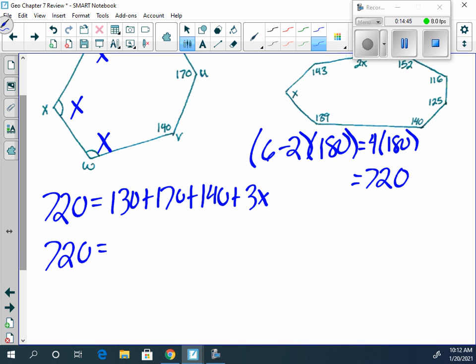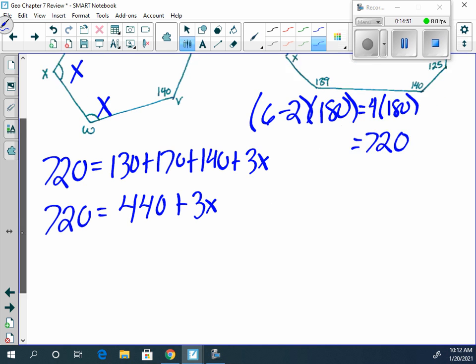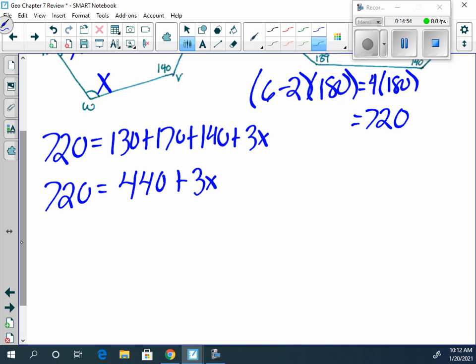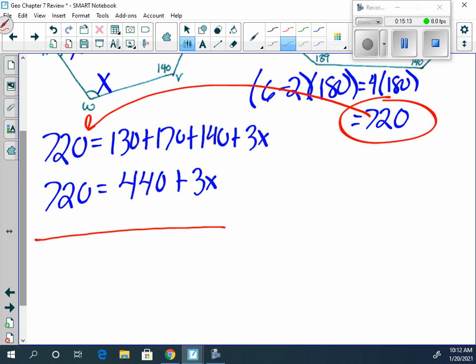Plus 140 is going to be 440. We need to find the total sum of all the angles. Well, the total sum is 720. That's what we set this equal to.